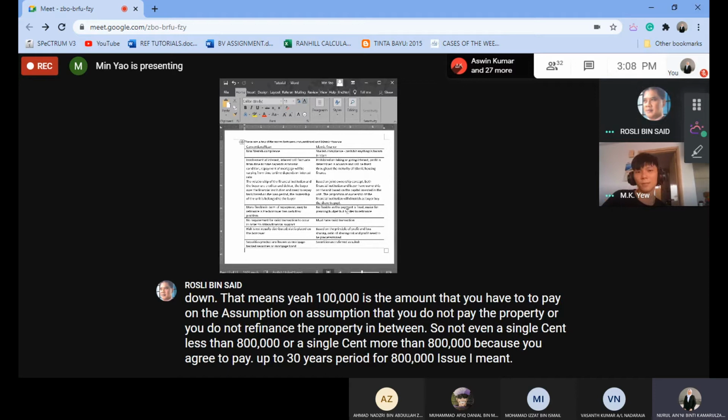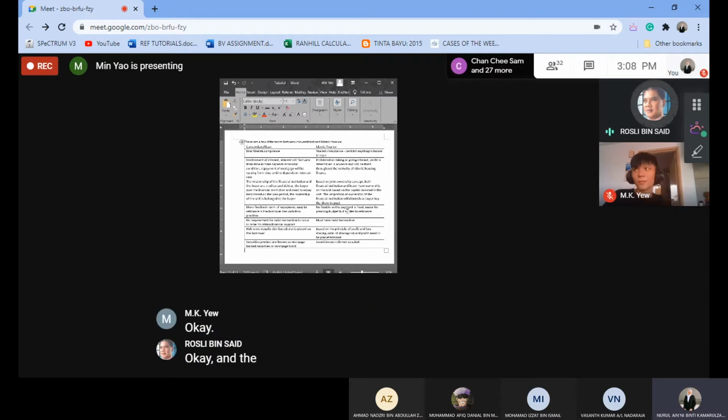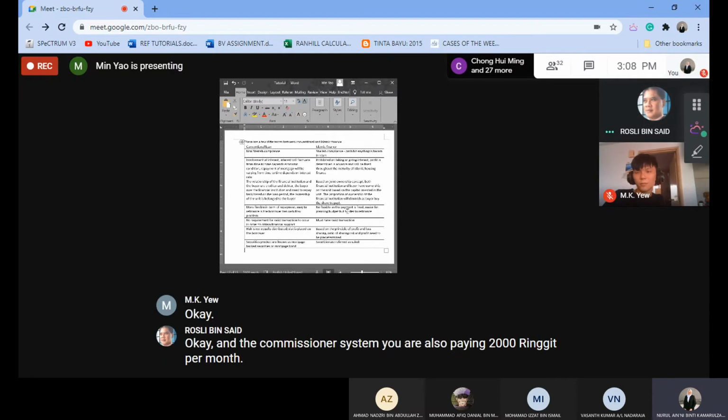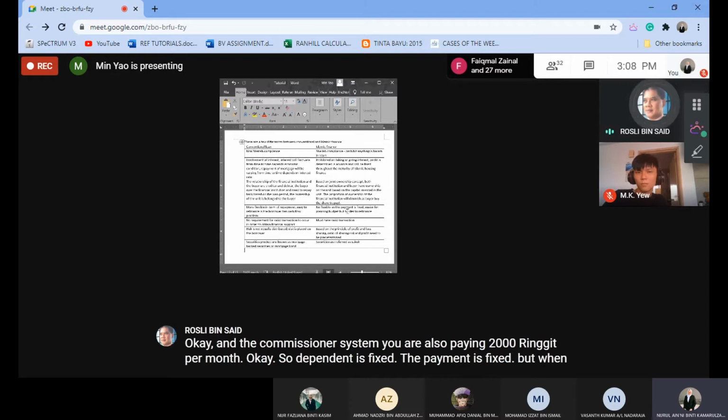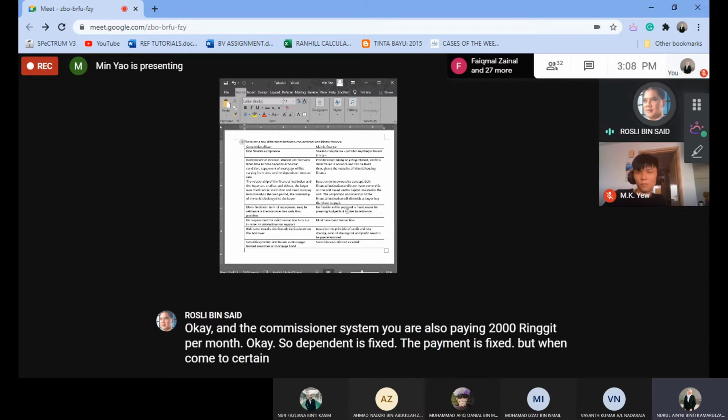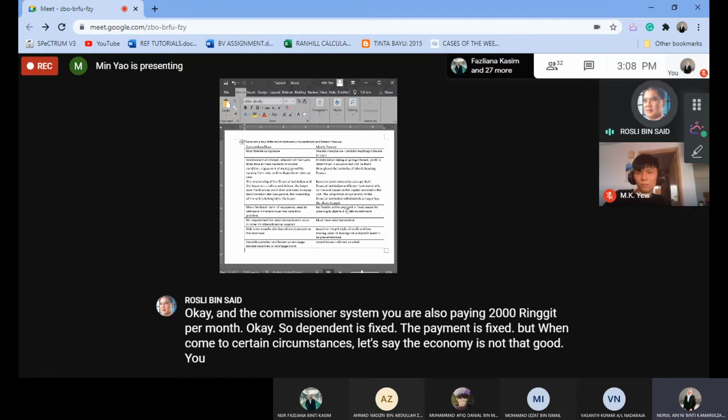Under the conventional system, you are also paying 2,000 ringgit per month. So the payment is fixed. Even when certain circumstances arise, let's say the economy is not that good, you are still paying 2,000 ringgit per month.